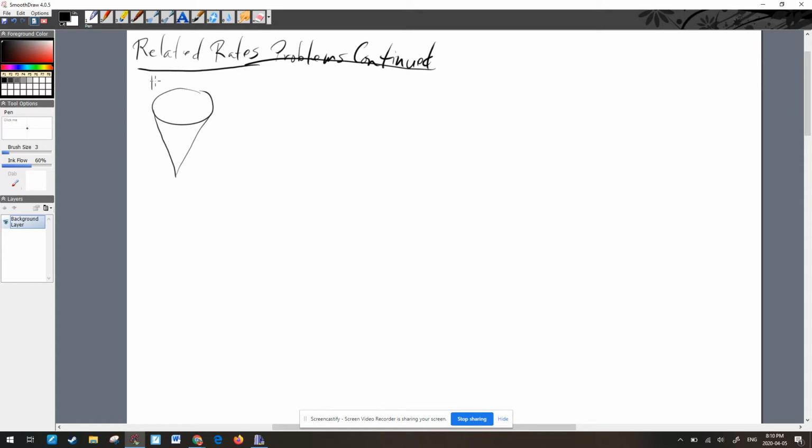And I'm going to tell you that the dimensions of this Dixie cup are going to be, how about we make it, 10 centimeters in diameter, and it will have a height of 15 centimeters. And it's full of water currently, right?